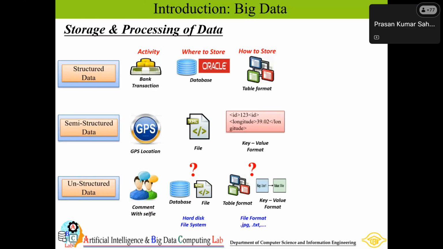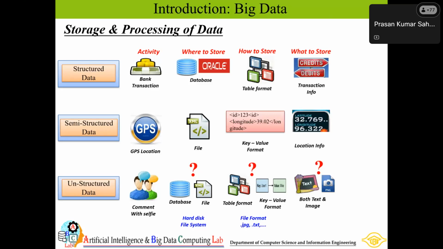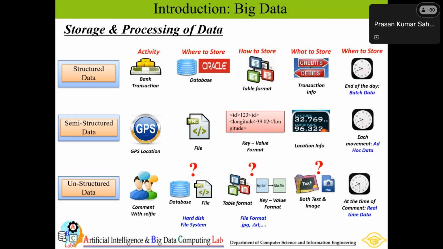We can store the structured data in table format and semi-structured data in terms of key and value format, and unstructured data could be in table format, could be in key format, could be in JPEG format, could be in text format. So it could be in web file because of the audio, video. And what to store? We can store the transaction information for the structured data, and location information for semi-structured data, and both text and image for the unstructured data.